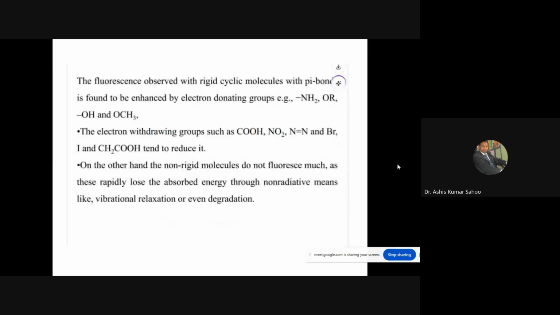The fluorescence observed with rigid cyclic molecules with pi bonds is enhanced by electron donating groups such as NH2. Electron withdrawing groups such as COOH, NO2, N=N, Br, and CH2Cl tend to reduce it. On the other hand, non-rigid molecules do not fluoresce.